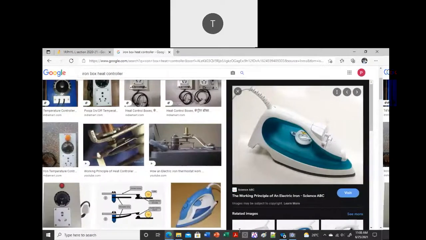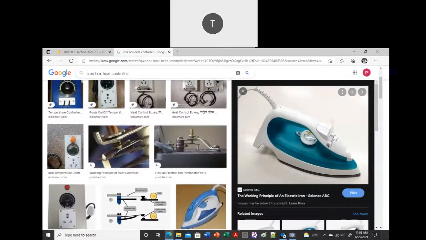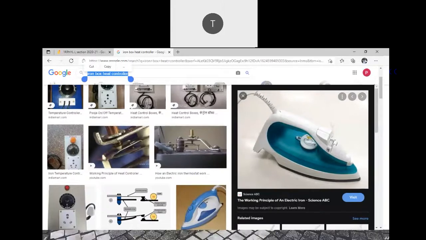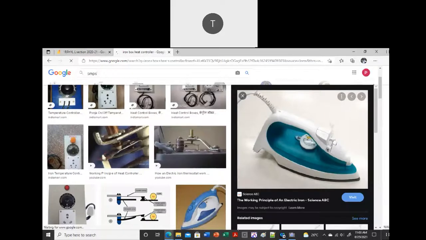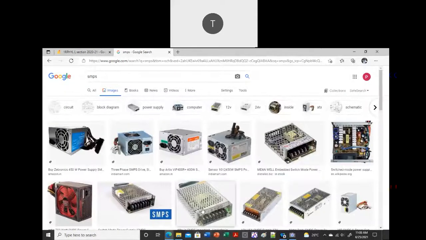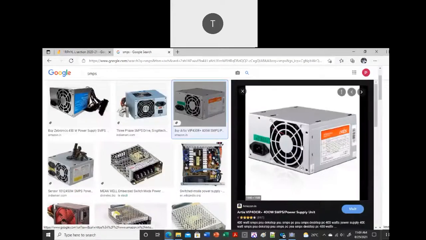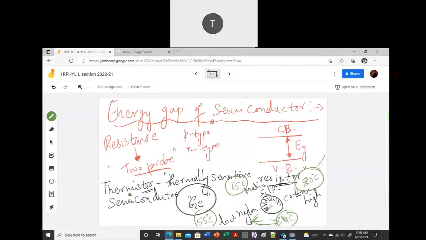The same thing is also used in what we call SMPS. Okay. So SMPS is your power box that you have inside your CPU. Okay, so you find it inside the CPU. Then what happens? They normally keep this kind of thermistors on the motherboard. If your motherboard is getting heated up too much, then it may catch fire, right?